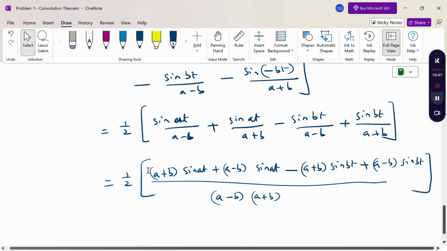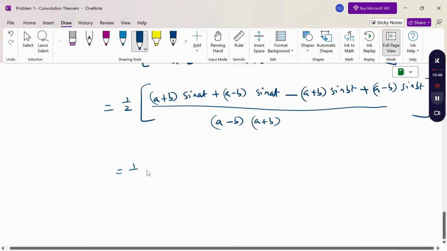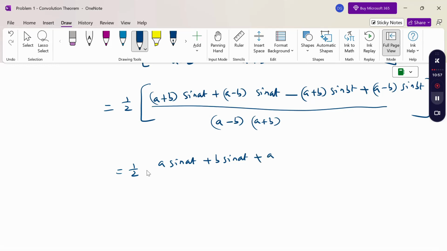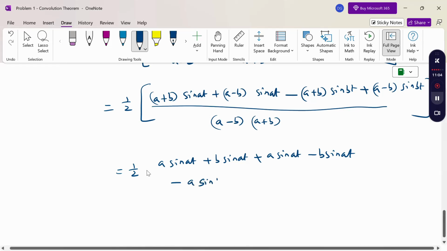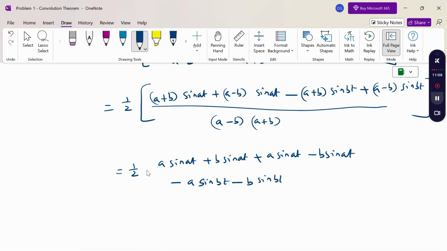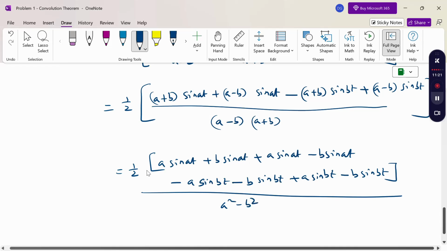So when we multiply each and every term, 1 by 2 a sin at plus b sin at, the next term a sin at minus b sin at, minus a sin bt minus b sin bt, next term a sin bt minus b sin bt, by a square minus b square.